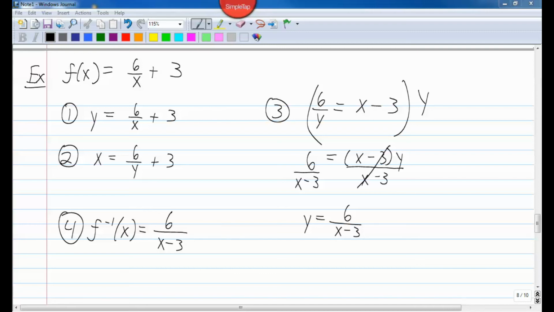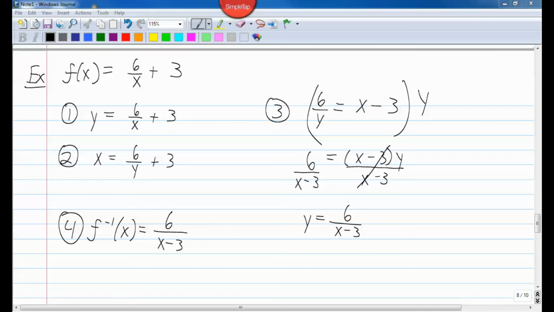If you draw a vertical line on a graph and it touches one time, that means that the function that stands for that graph, or the equation that stands for that graph, is a function. Okay? That's the vertical line test. If it touches once, it's a function. If it touches more than once, it's not a function.